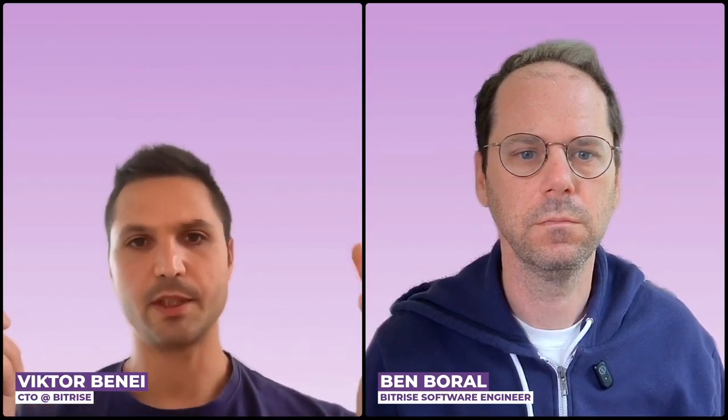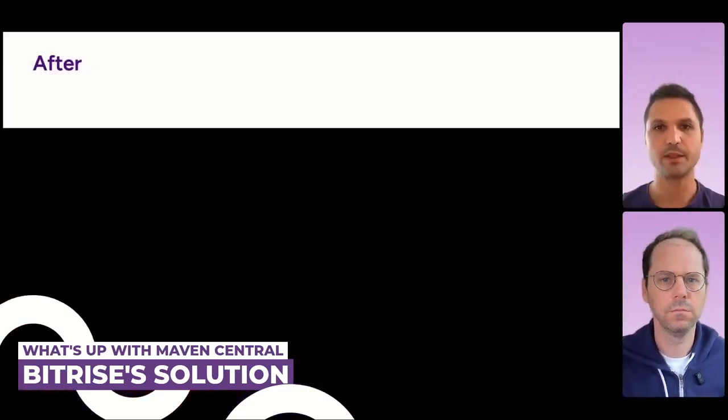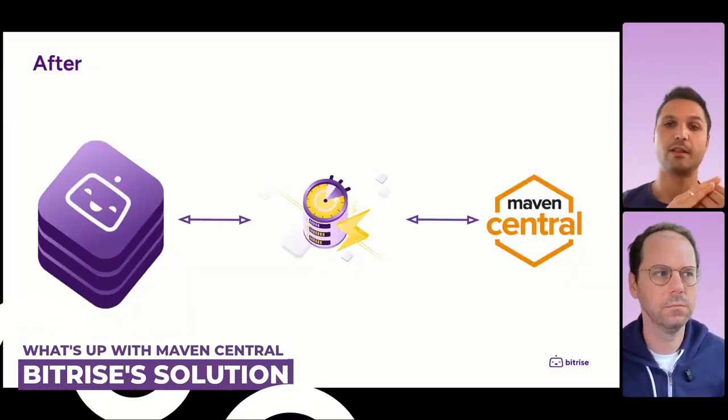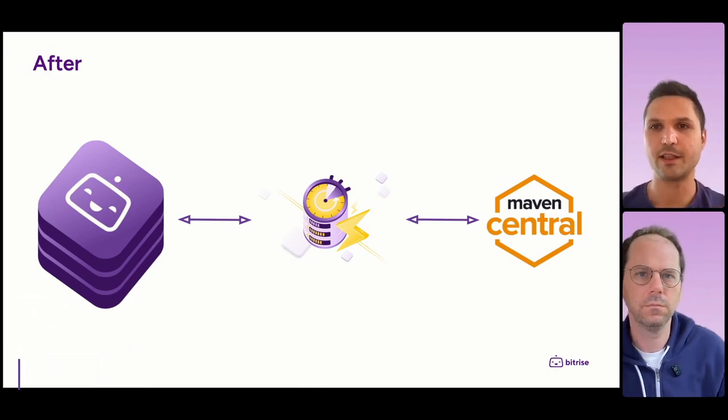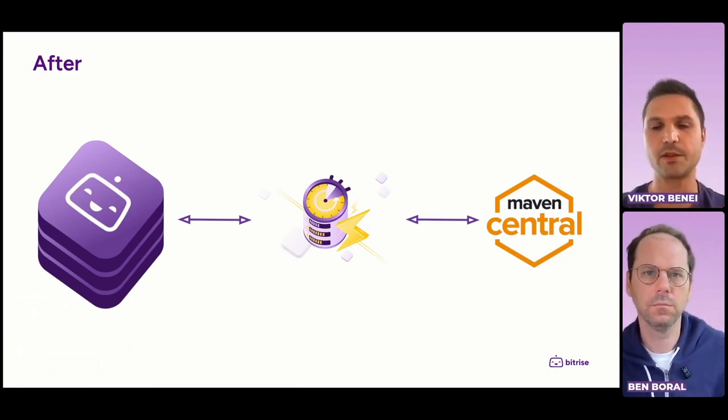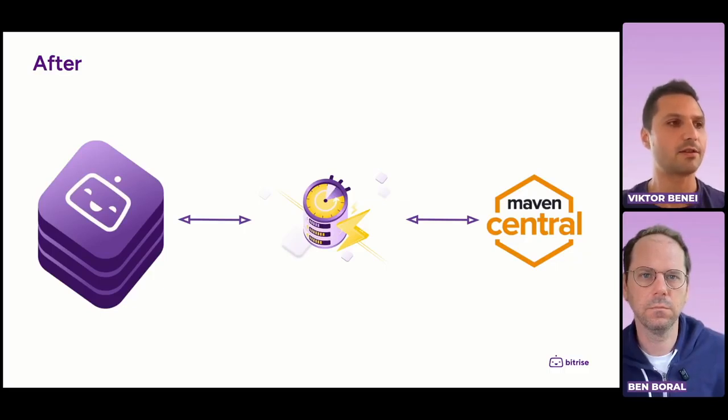What we developed is that instead of your build, usually Android builds with Gradle as a build tool, connecting to Maven Central directly to download dependencies, we introduced a new component in our infrastructure, which is a repository manager. Right now, it's only managing Maven Central, but it's designed so that other registries could be added to it.